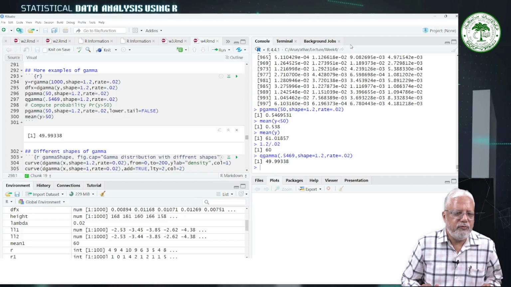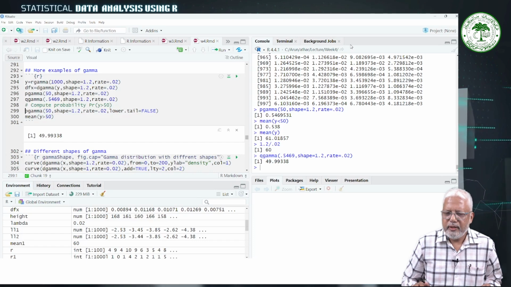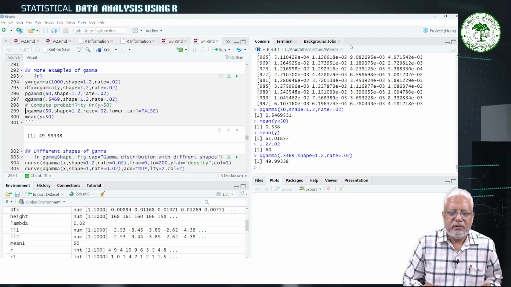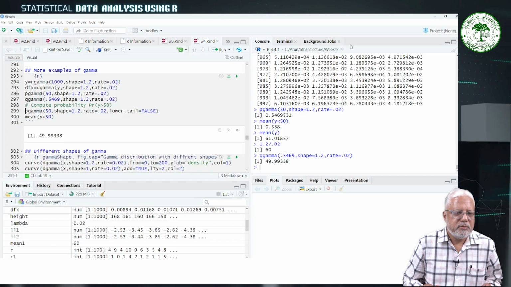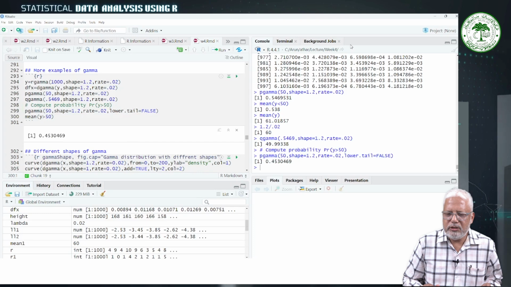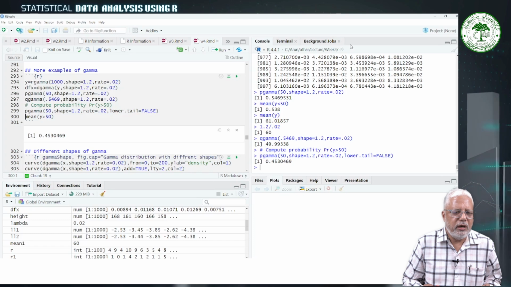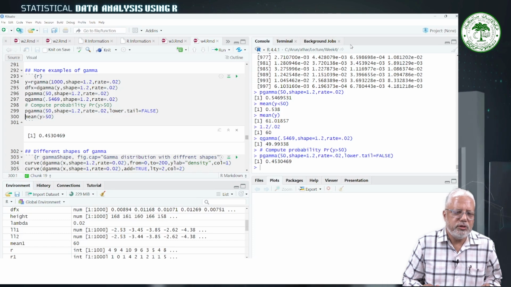Compute probability of y greater than 50. It is pgamma, so this is 0.453069 on the basis of exact values.